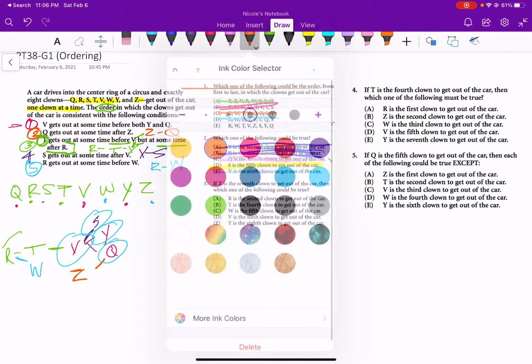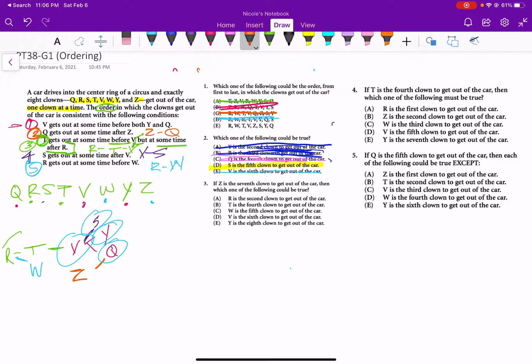All right. If Z is the 7th clown to get out of the car, then which of the following could be true? So this is saying, hey, what could possibly happen that we know is a possibility? So if we had 1, 2, 3, 4, 5, 6, 7, 8, and Z is the 7th, what do we automatically know from our little diagram here?